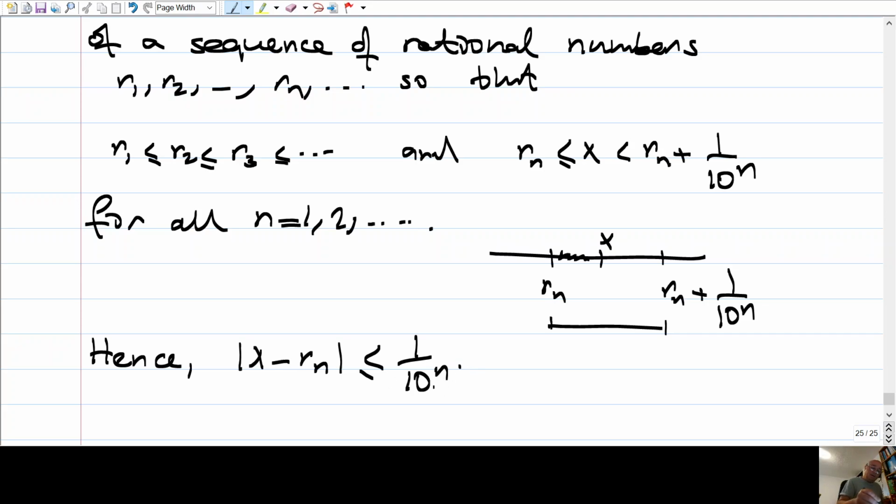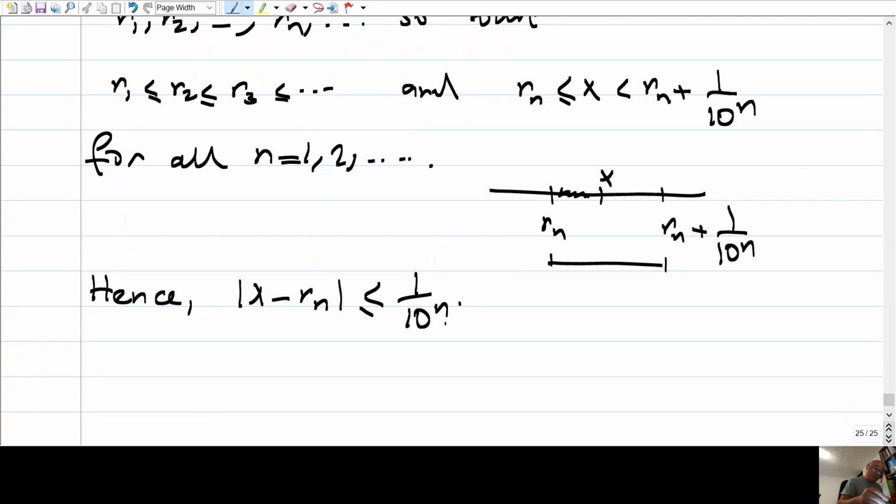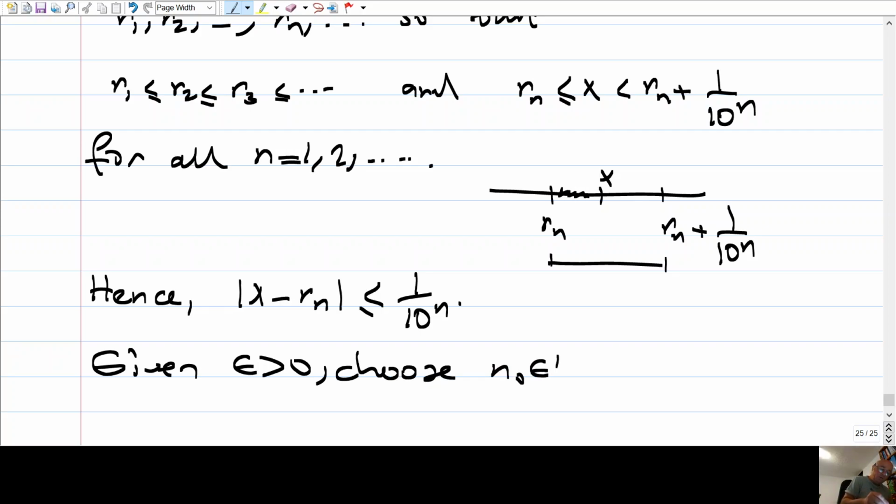And you see 1 over 10 to the power n gets of course smaller and smaller. So given epsilon positive, choose n0 so that 10 to the power n0 is larger than 1 over epsilon.